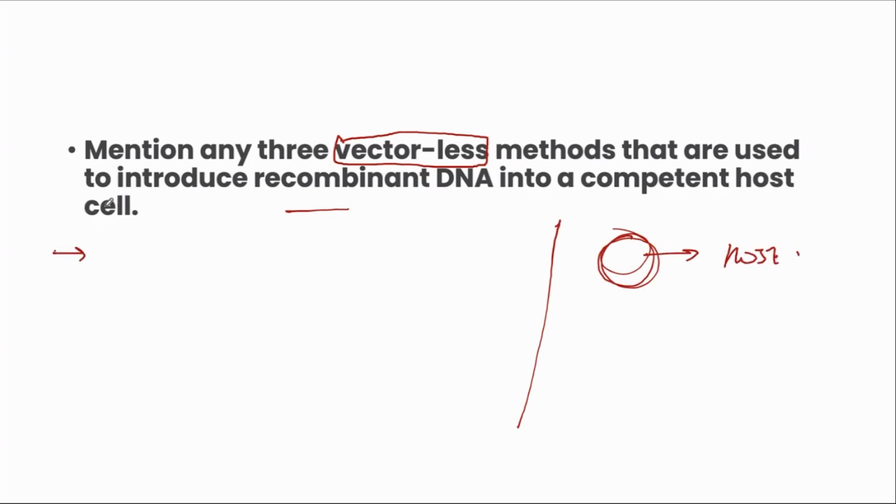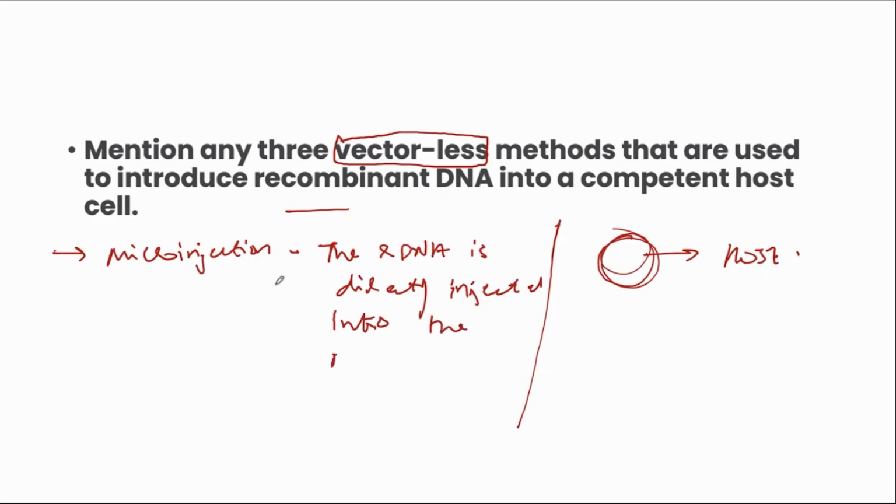I hope you remember the first method that we learned in the last class was microinjection. In microinjection, our DNA is directly injected into the nucleus of the cell, because there is no vector. You just take up the DNA, put it in the microsyringe, and put it into a cell.